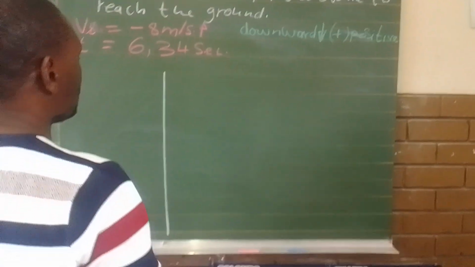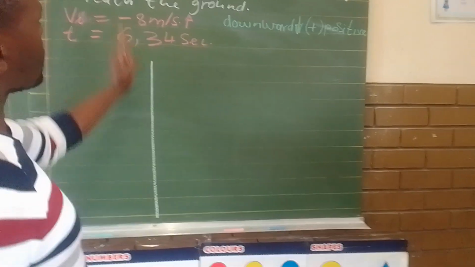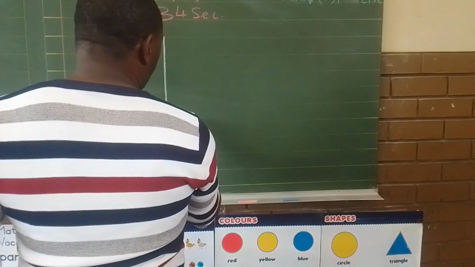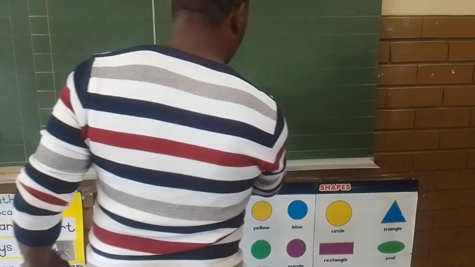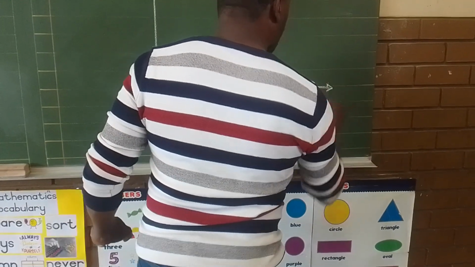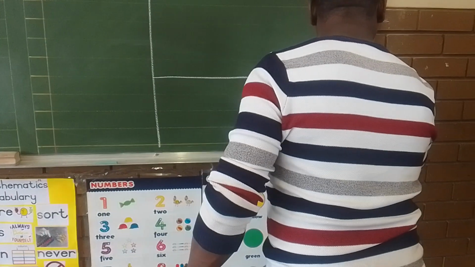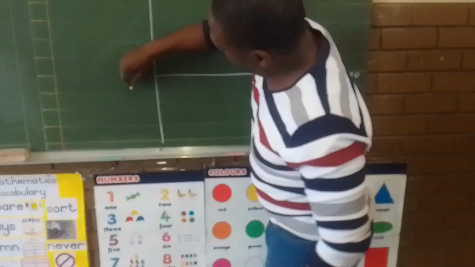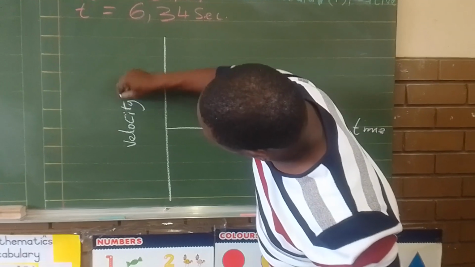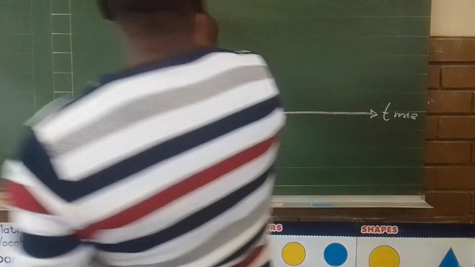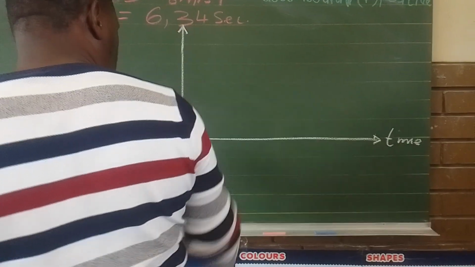This is our velocity axis and this is our time axis.